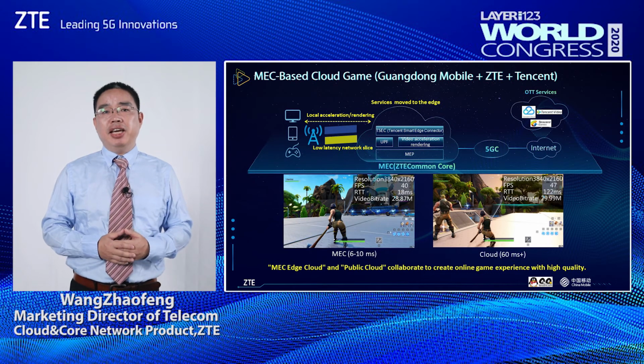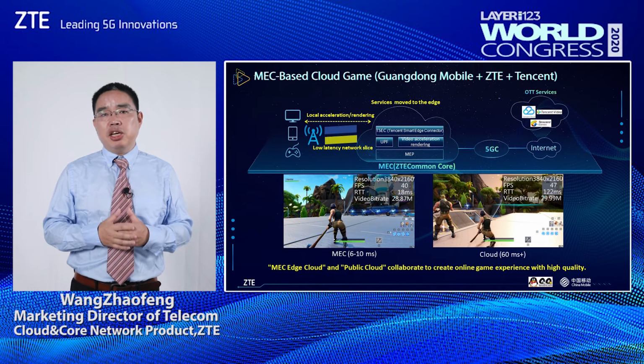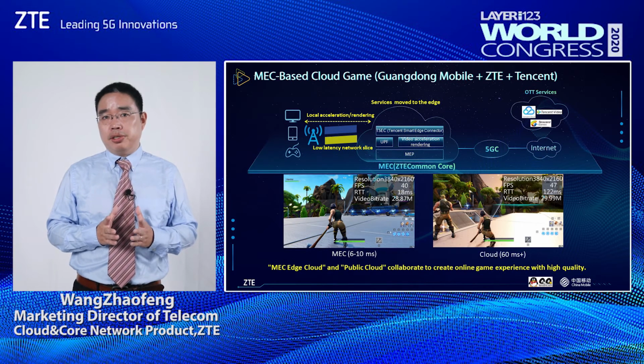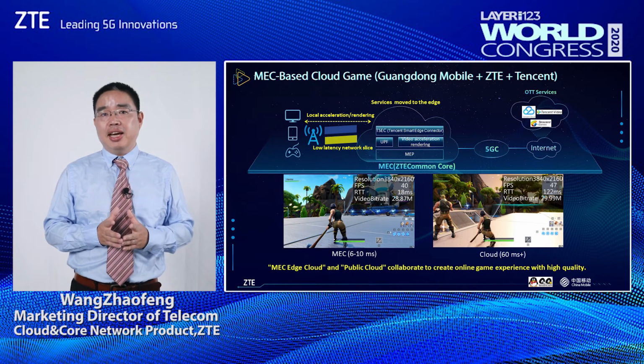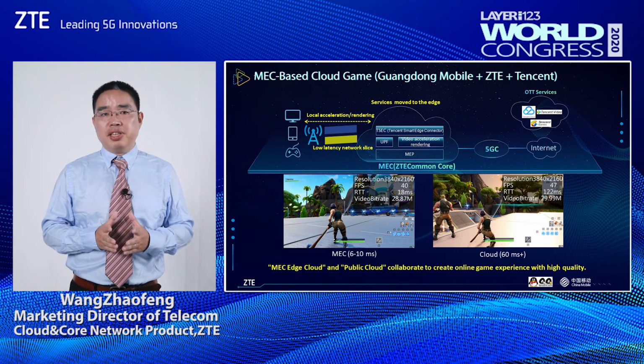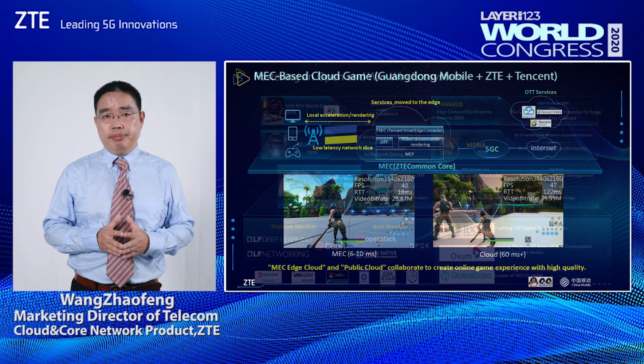It is believed that in the future commercial mode, this kind of application will attract more users to attend the service and gain more revenue for both game and mobile operators.